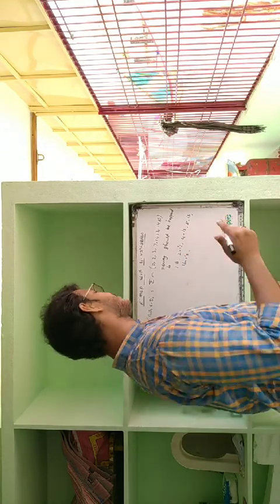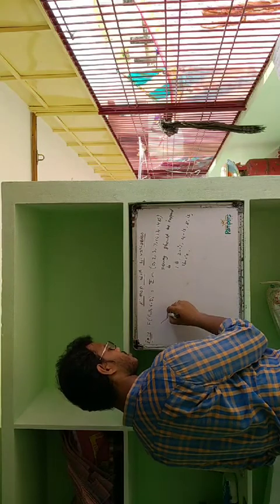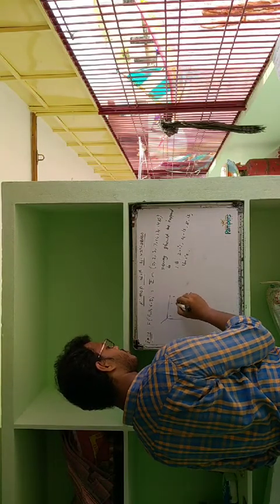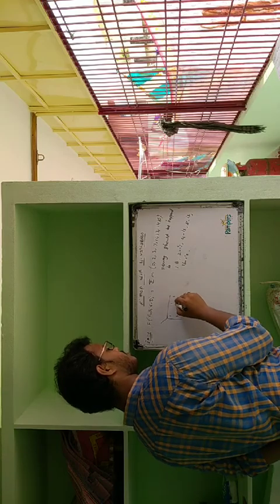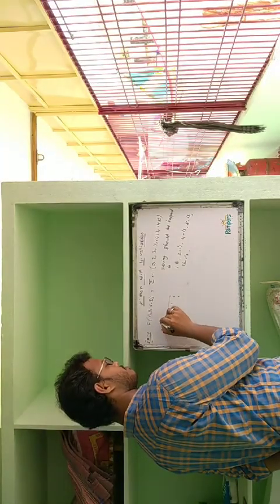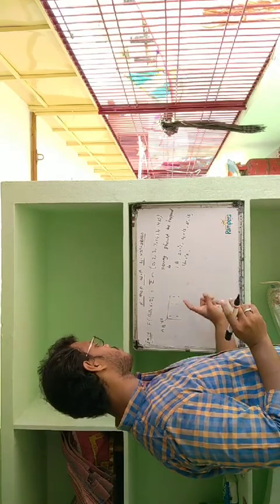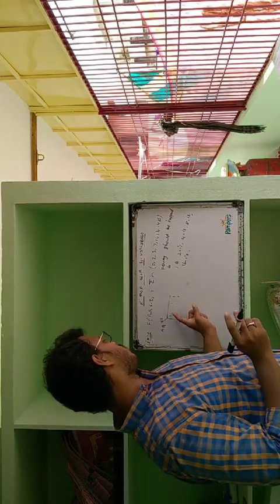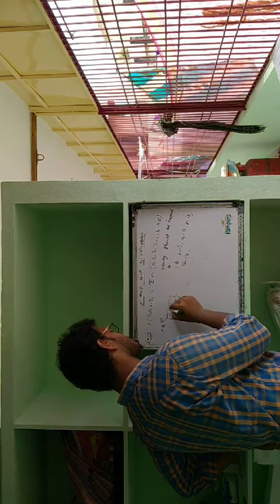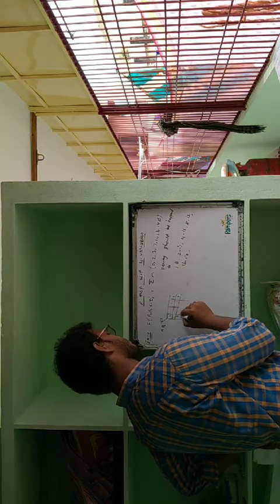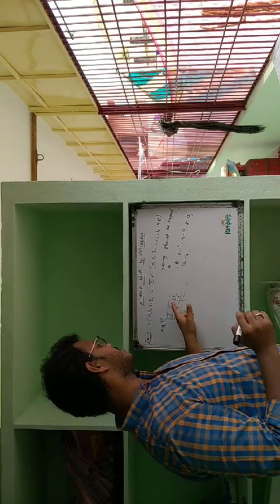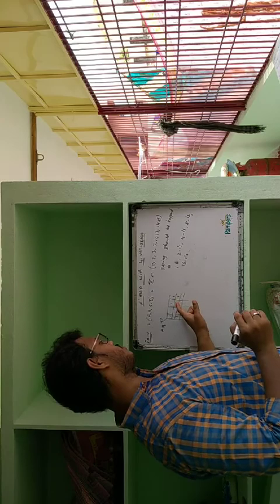Okay. For suppose you have 1 here, 1 here, 1 here, 1 here, 1 here. In this cell you have 1, 1, 1, 1.